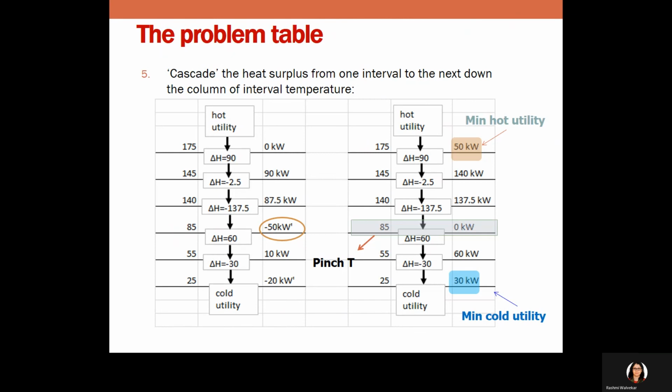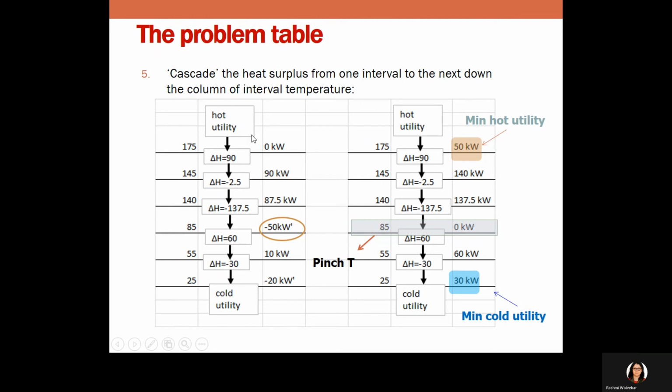So step 5 is to draw the cascade. How to draw the cascade? The cascade means the heat has to flow, the surplus of heat flowing to the lower temperature interval, from higher temperature to the low temperature. So the same temperature intervals, we arrange them in decreasing order, write those, and draw a line.